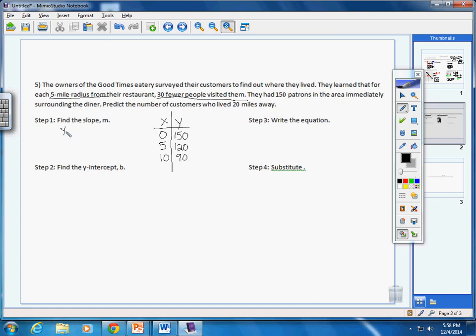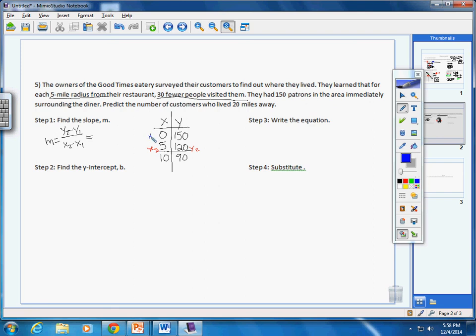So I'm going to say y2 minus y1 divided by x2 minus x1, because this is to find our slope, is going to equal, and I'm going to use the first 2 points. So 120 is my y2, and maybe I'll write this out so you don't get confused. That's y2, that's x2.